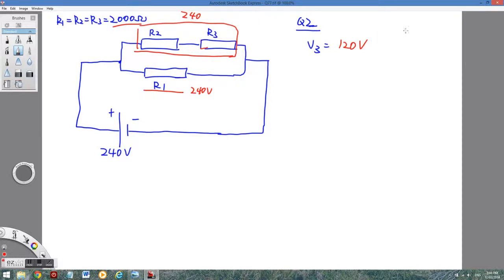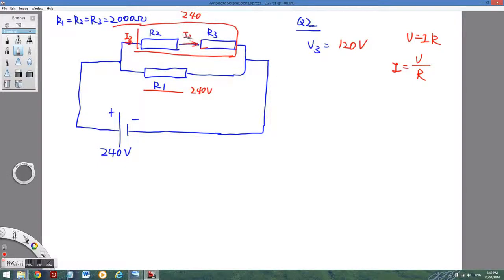Or we can do it by using formulas. V equals IR, so the current will be voltage divided by the resistance. The current here, let me name it I2, will be the same.